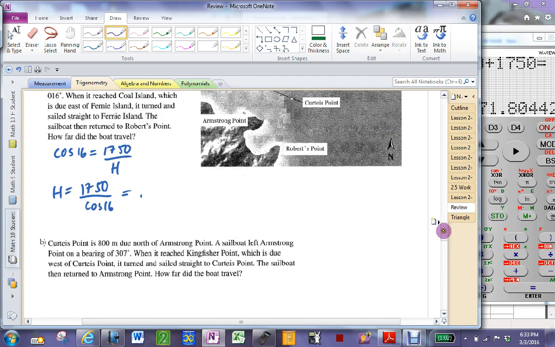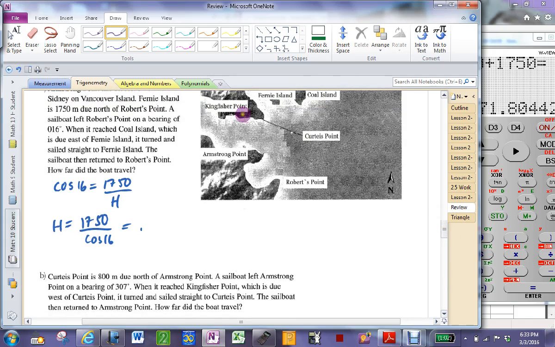Curtis Point is north of Armstrong Point. So there's Curtis Point, north of Armstrong Point. So that is 800. Make that a little easier to read. 800.